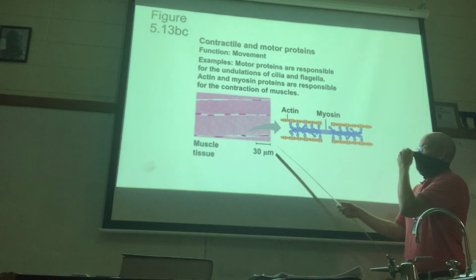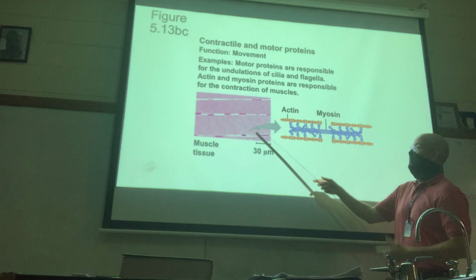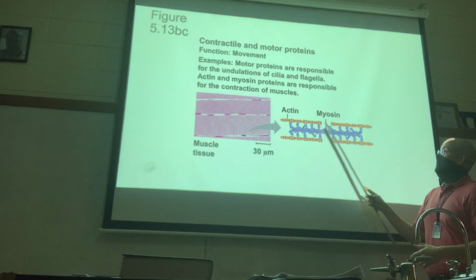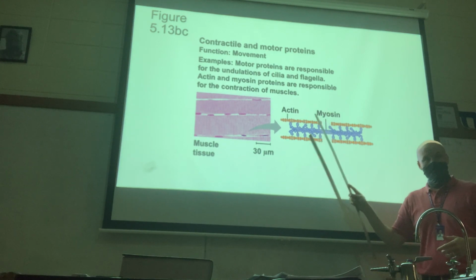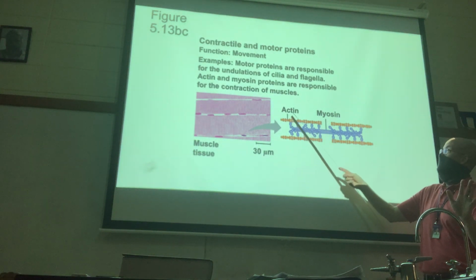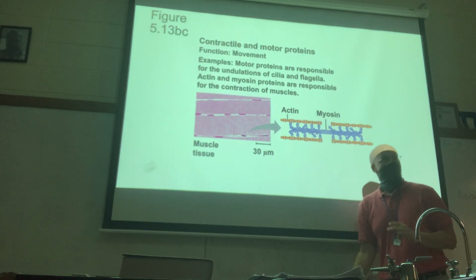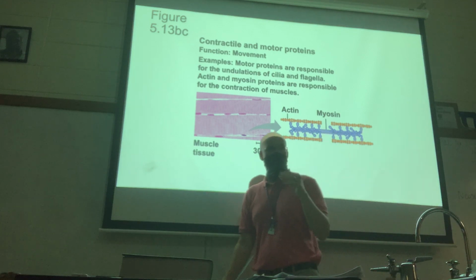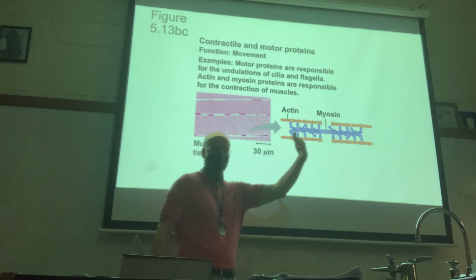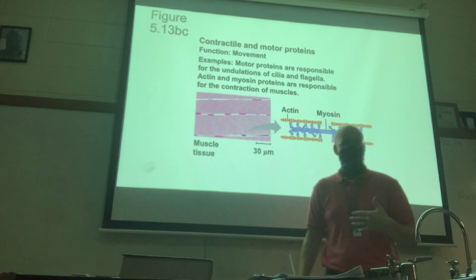And it's possible to contract and relax your muscles because of these interactions between different types of proteins. Again, words like actin and myosin, I am not going to ask about. I'm not asking about specific examples until we get on into the year and a specific example comes up that is important.